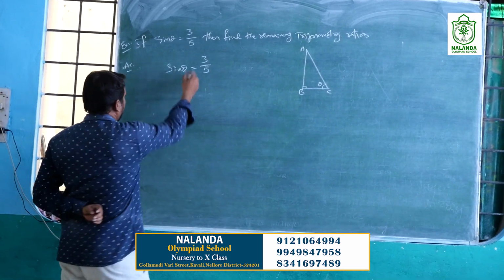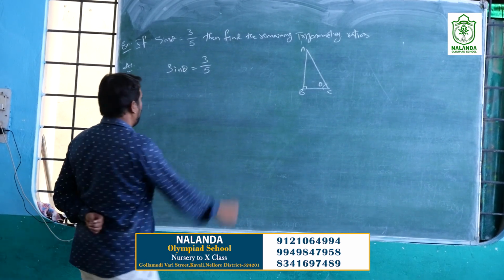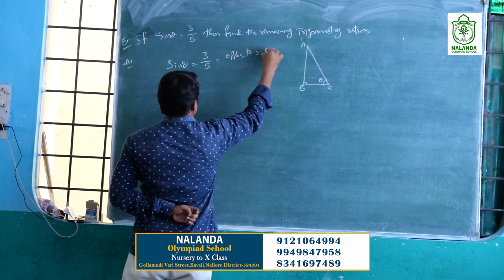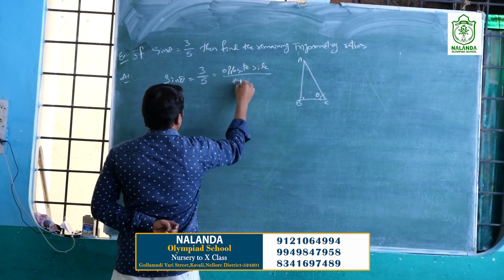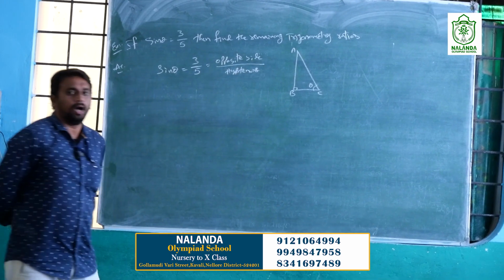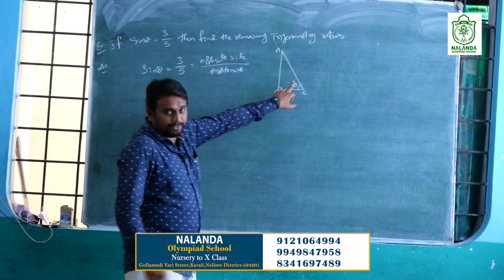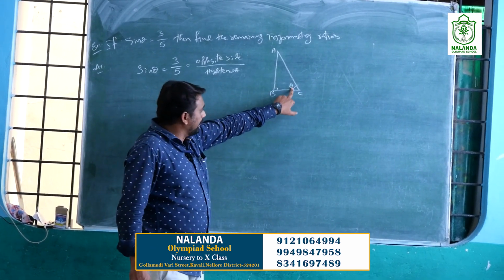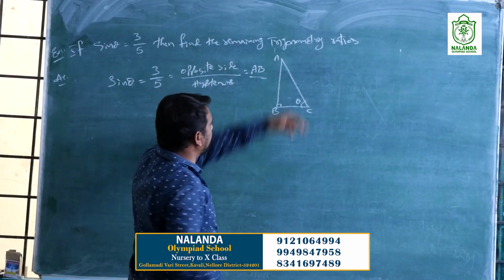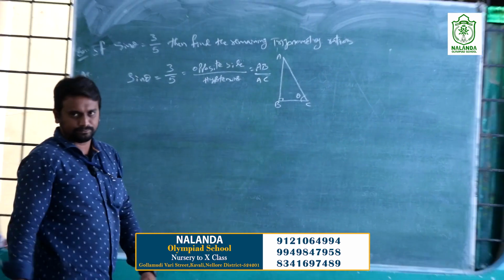We know the sin theta definition, that is opposite side by hypotenuse. When we use the figure for the theta, its opposite side is AB and the hypotenuse is AC, which is the longest side of the right angle triangle.